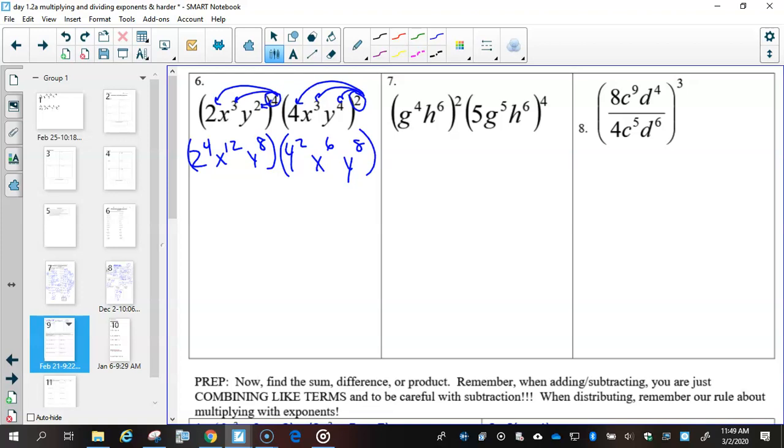What would we do next? Add the exponents, okay. Except before we do that, I do want to go ahead and apply these two. What is 2 to the 4th? 16.